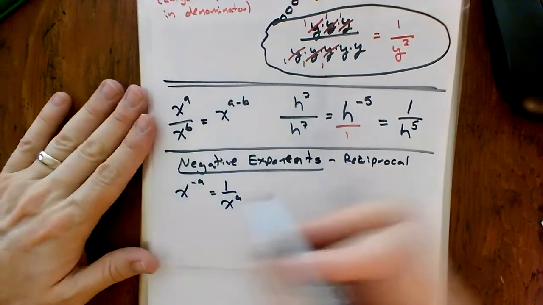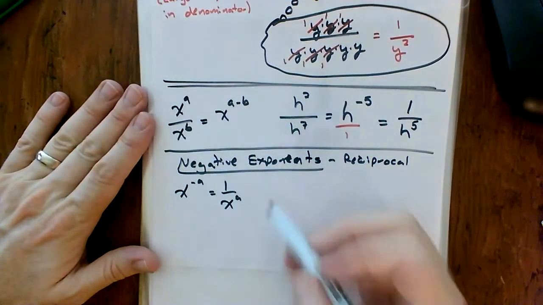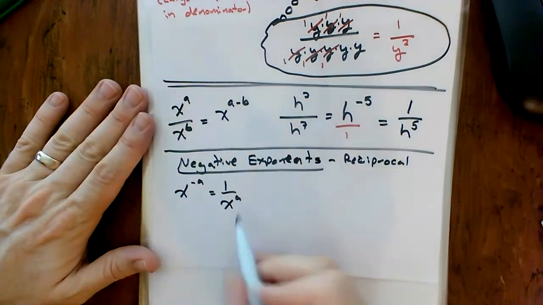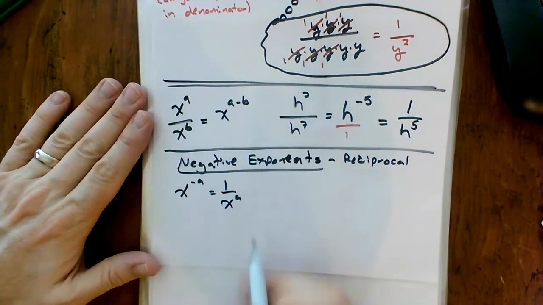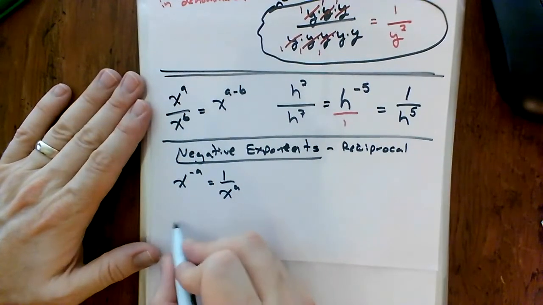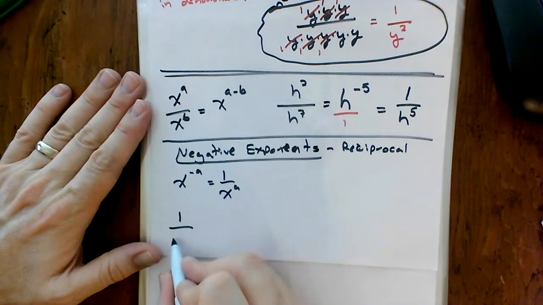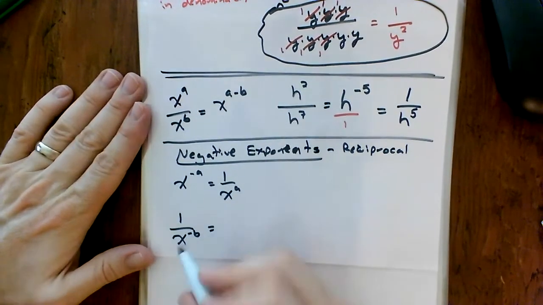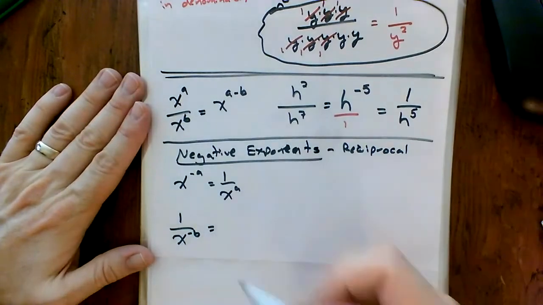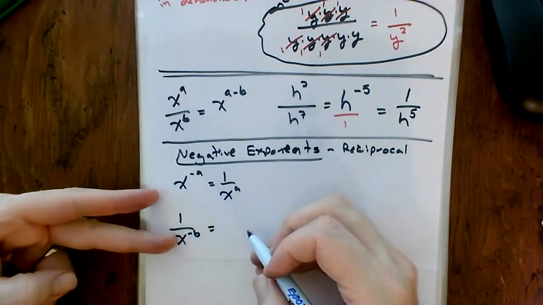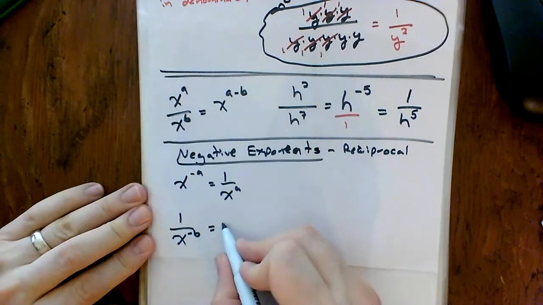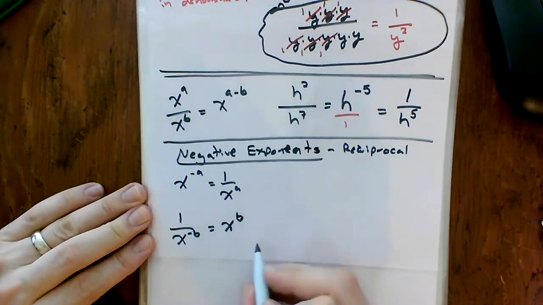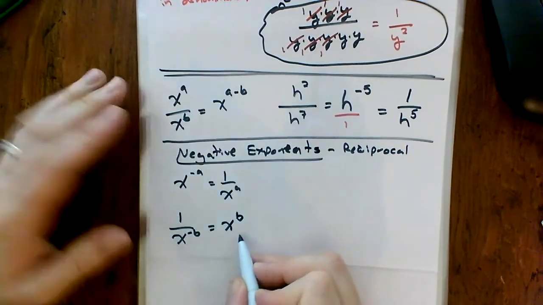So all we're doing is we're taking the reciprocal, we're flipping a fraction, and then we change the sign of the exponent. If I've got 1 over x to a negative b, once again, we're going to flip this. So we're flipping our term, and we're changing the sign of the exponent.